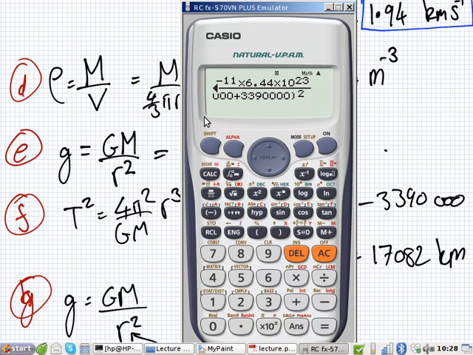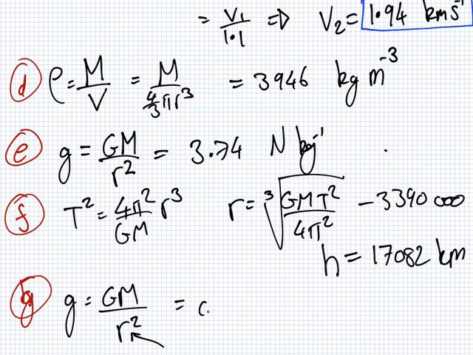So this should be smaller than the answer we got earlier, and you can see it's much smaller. It's only 0.102 newtons per kilogram.